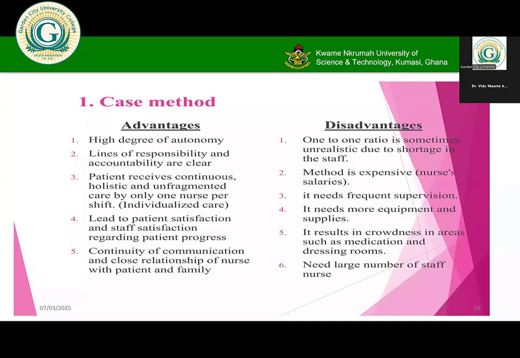It leads to patient satisfaction and staff satisfaction regarding patient progress, continuity of communication, and a close relationship of the nurse with the patient and family.